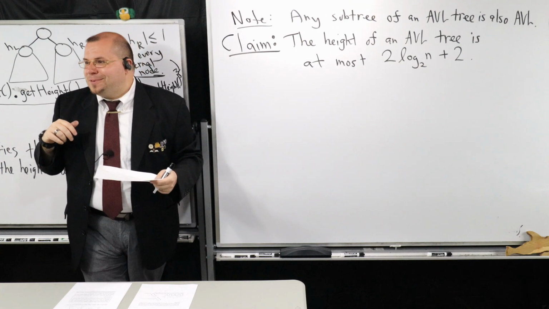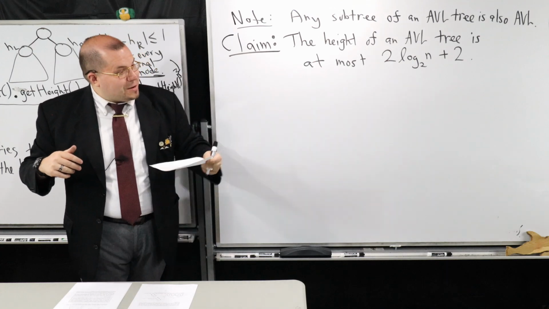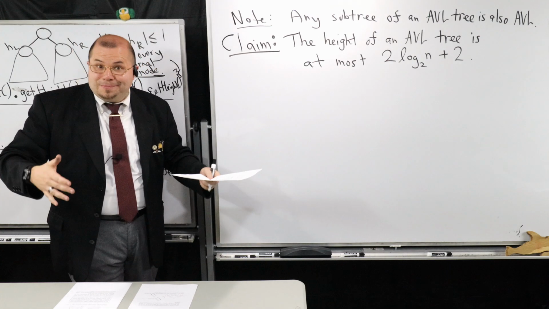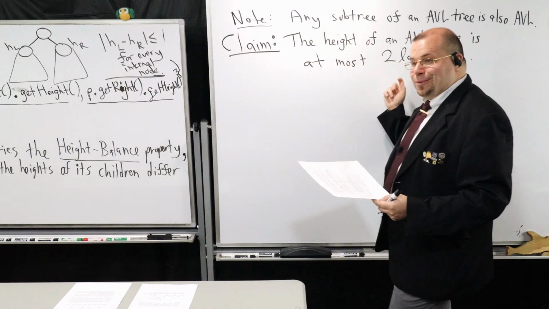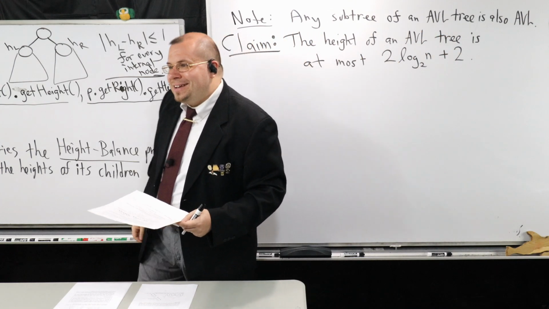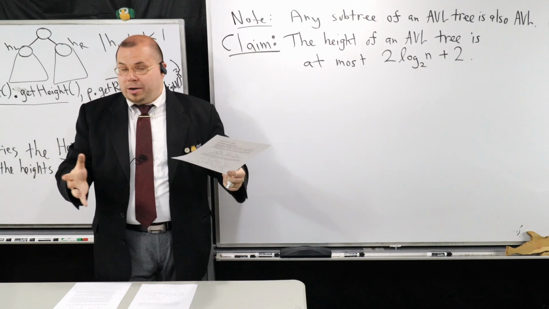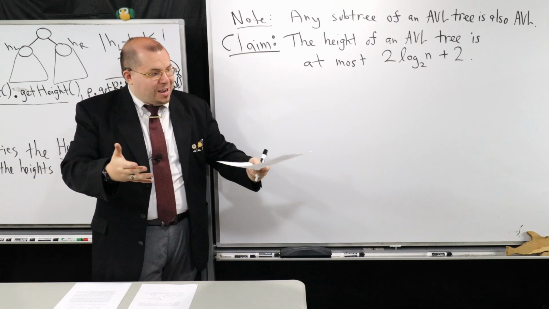Yes, so notice that this function I just wrote up here, 2 log base 2 of n plus 2, is big O of log n. So if we can prove this, then we're good, right? Then I've done exactly what I posited to you. Then all of the work after that is figuring out how we're going to do those insertions and removals to make sure our binary search tree remains an AVL tree.